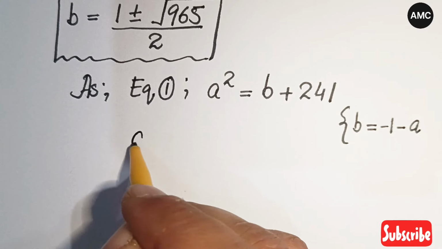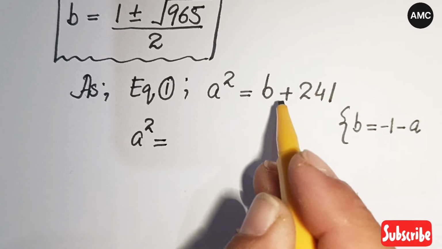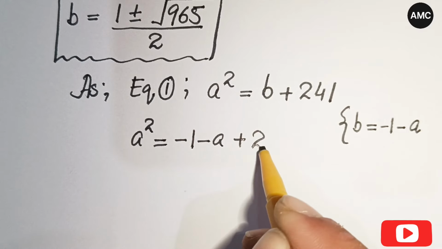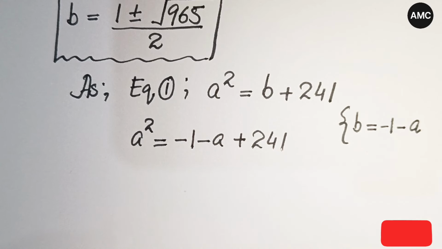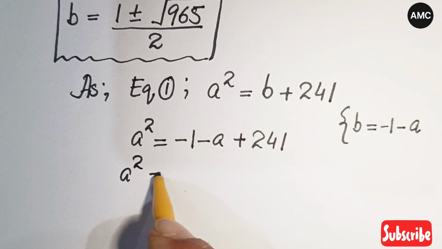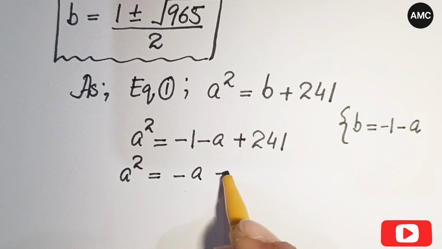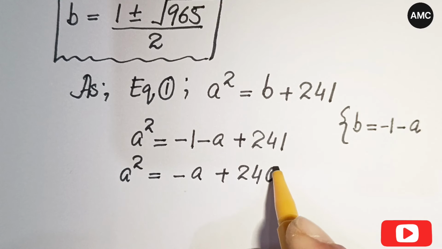So putting here, it will be a squared is equal to minus 1 minus a plus 241. Next, a squared is equal to minus a plus 240.